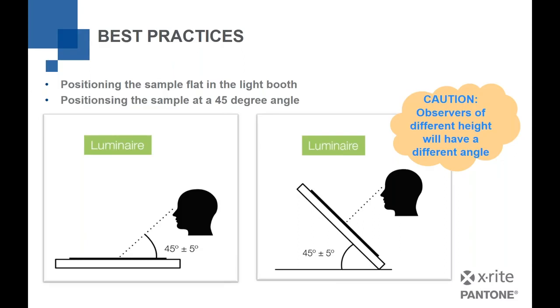So in practice, what we see is people are either using the method on the left, or if they're using the one on the right, I've actually seen customer locations where they have a set of different stools that people stand on to get everybody's eyes at essentially the same level so that the angle is the same for everyone. That's a very important piece to making sure that you're repeatable.